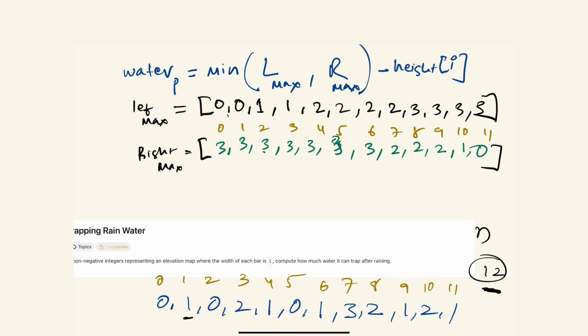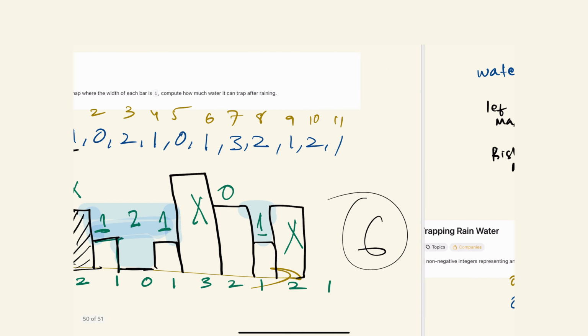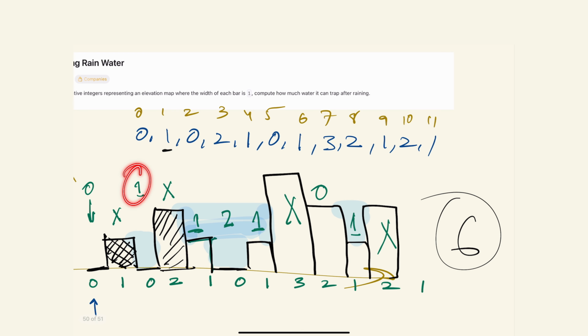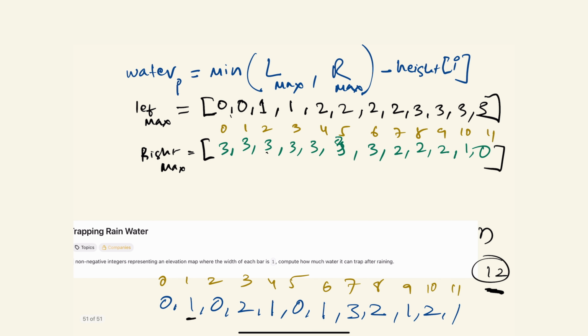For example, right now I am at index 5, minimum of 2 or 3 is 2. At index 5, subtract the height 0. This is the amount of the water. In that way you need to keep on adding and get the result. So this is the way we can solve efficiently. I can say the time complexity will be order of n.